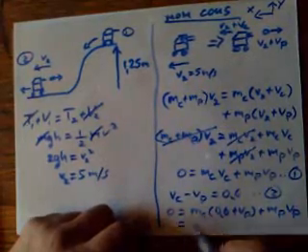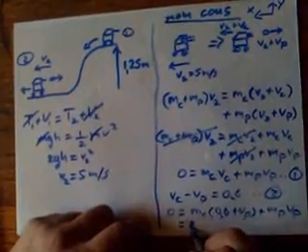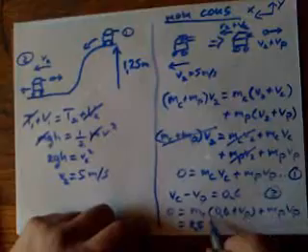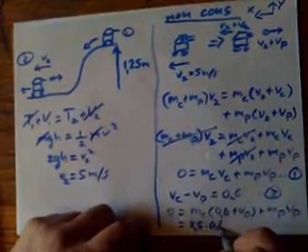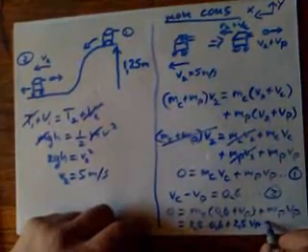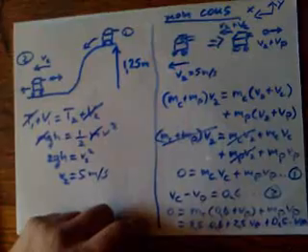Then putting in the values, the mass of the cart without the projectile is 2.5, so it's 2.5 times 0.6 plus 2.5 times VP, and then the mass of the projectile is 0.5, times VP.